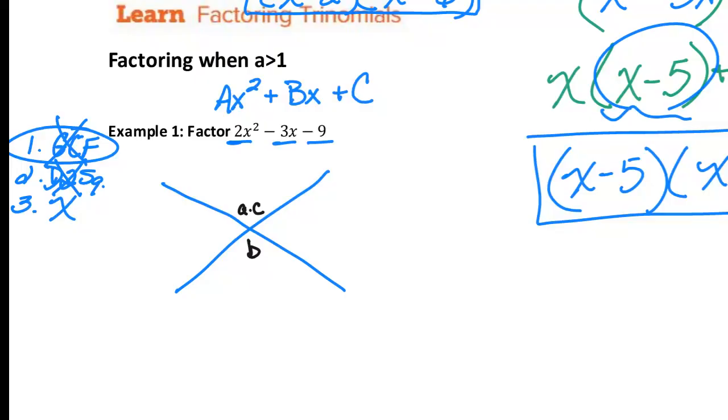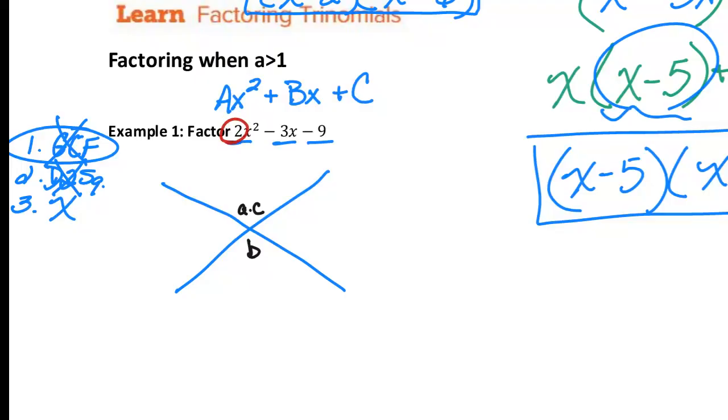So, Bear, what is a times c that I'm going to put on the top part of that x? Do you know? What's my a value? 2. And what's my c value? -9, right?